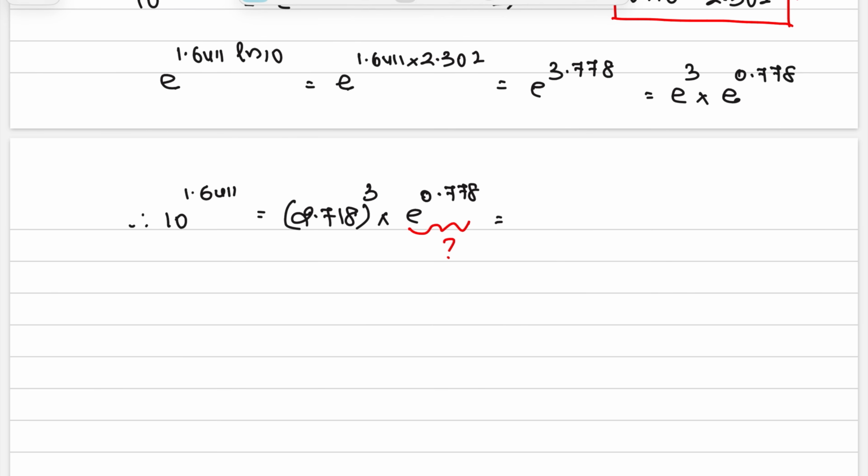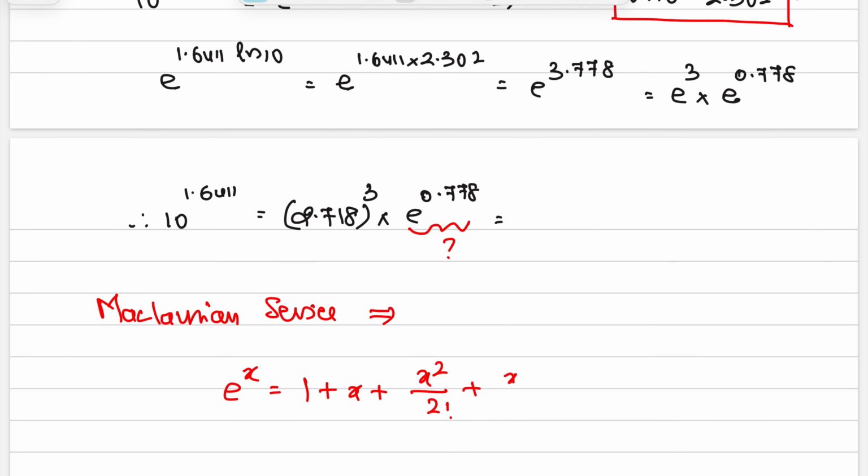There is one series, the Maclaurin series, from which we can write e to the power of x is equal to 1 plus x plus x square by factorial 2 plus x cube by factorial 3 plus so on.